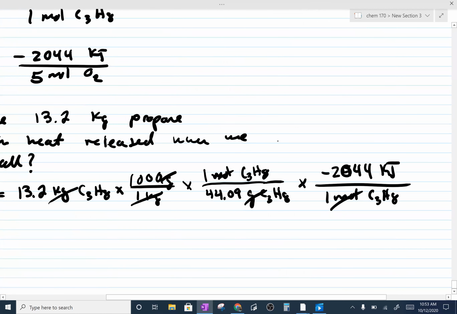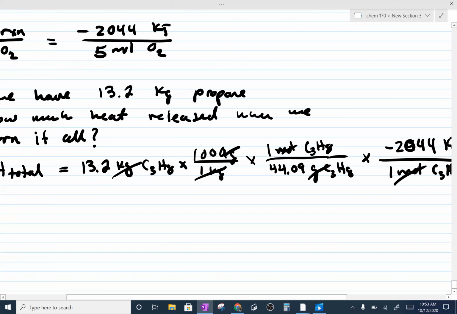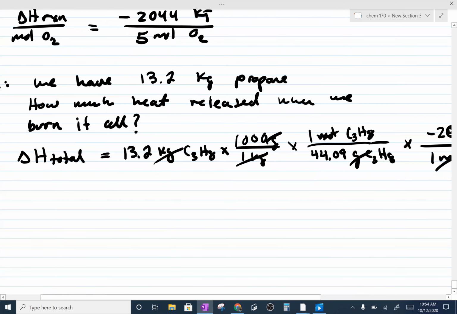Moles cancel out. And if I just take 13.2, multiply it by 1,000, divide by 44.09, and then multiply by negative 2044, I get the total heat energy that's released by burning all of this propane. And this is equal to negative 6.12 times 10 to the 5 kilojoules.